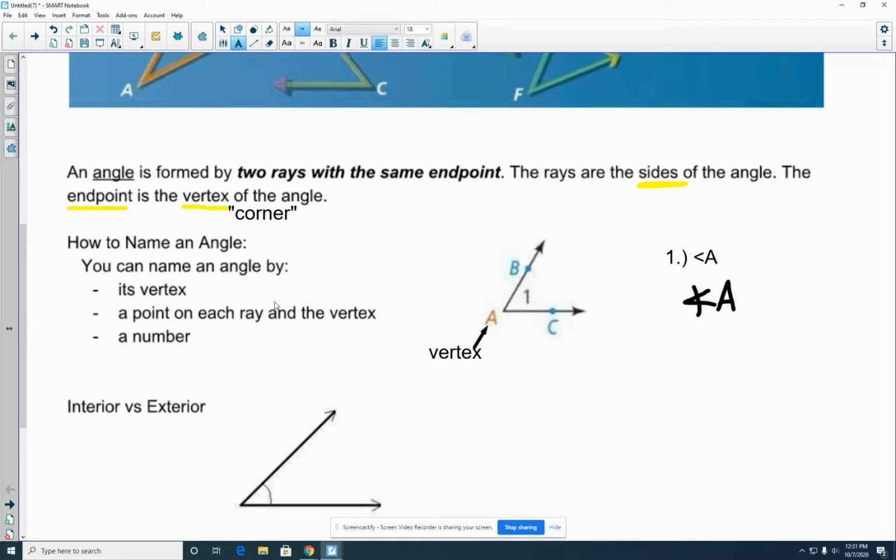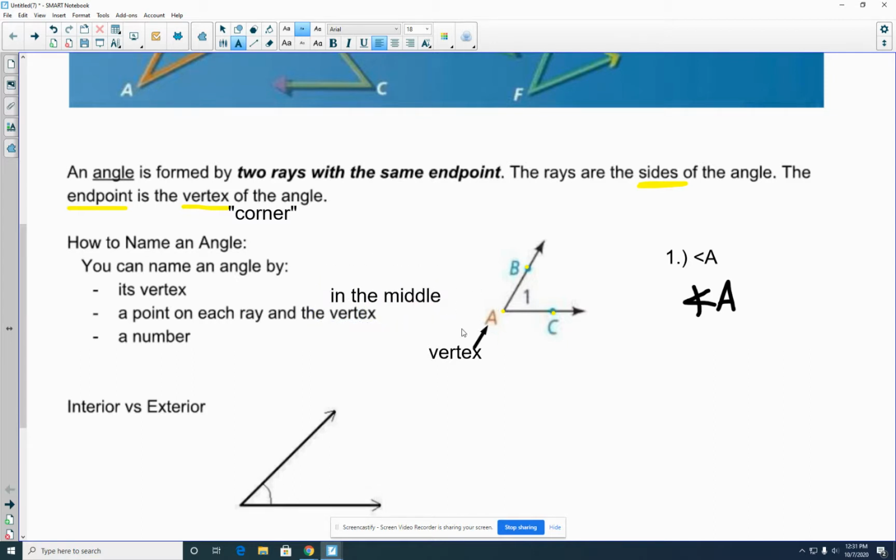Now the next part says you can name an angle by using a point on each ray and the vertex. So I could use my vertex and a point on each of the rays. Here's a point on one of the rays. Here's a point on the other ray. Here's the vertex. So I need to use three letters. The important part, if you use this method, the vertex must be in the middle.